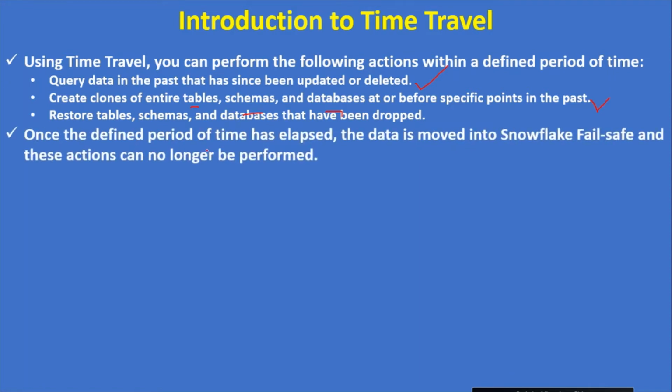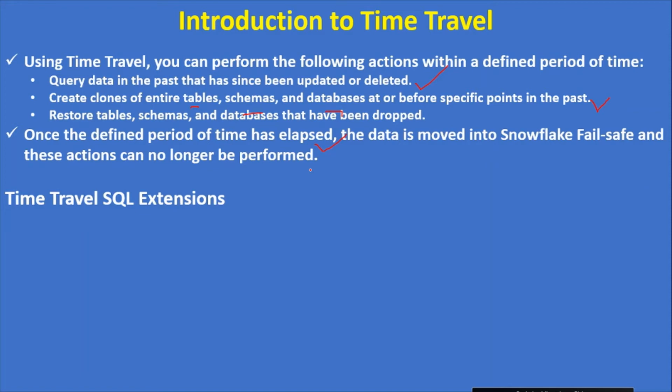Once the defined period of time has elapsed, the data is moved into Snowflake failsafe, and these actions can no longer be performed. What are these actions? Assume that you have enabled time travel for one table for 10 days. After completing the 10 days, what will happen?